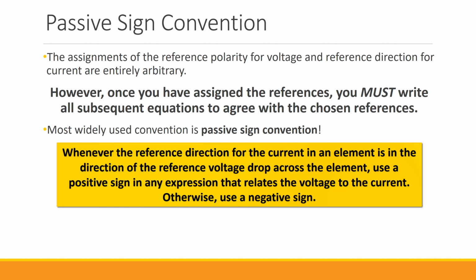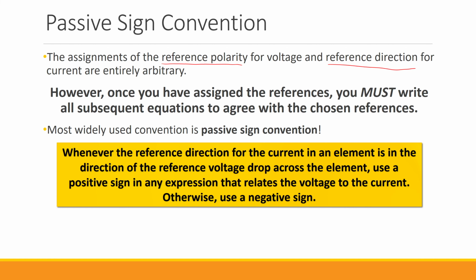So the way that we do it is, you can say, entirely up to us, whether we want to use the positive values as described in the previous video, or whether we want to use the negative values. However, once you have decided on the references, both the reference polarity and the reference direction, you must write all the subsequent equations to agree with that chosen reference.